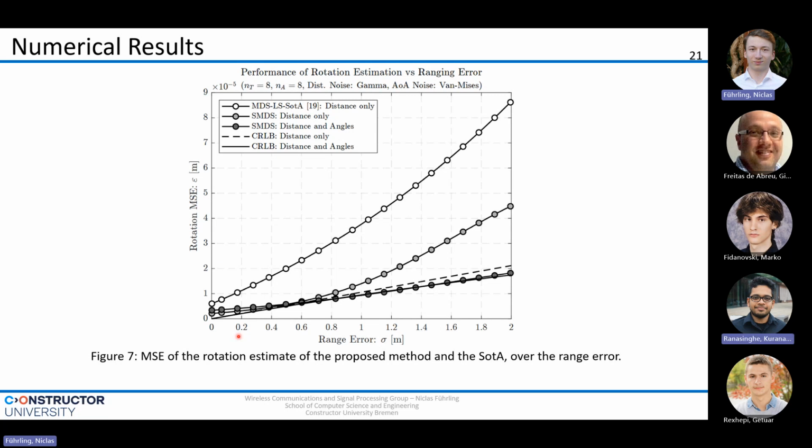Yes, this is stationary. If we would do it for tracking or with velocity information, then yes, we should definitely use Doppler. I remember we did this in one of our previous works, but we didn't use SMDS. So maybe this is also an idea for the future to try that. I see. But SMDS can be used if you have Doppler information as well, right?